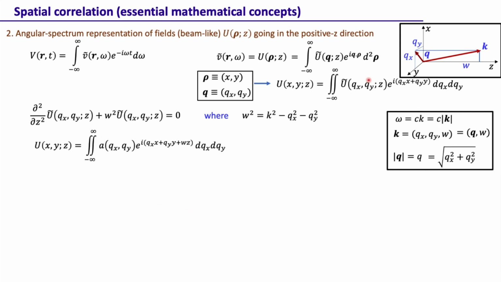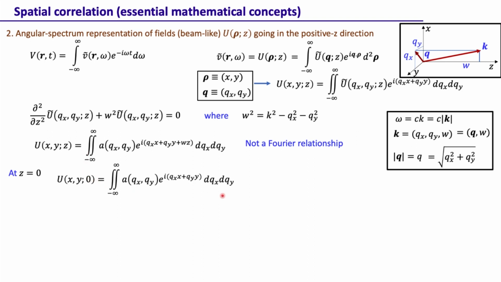So again, u tilde satisfies this equation, and through the constraint on that equation, we find that u of x, y, z has this kind of form. Now we see that this is actually not a Fourier relationship, because of the presence of this w z. But if we look at this equation at z equal to 0, it is a Fourier relationship. That is, u of x, y, 0 is the integral of A of qx, qy times this quantity over dqx dqy.